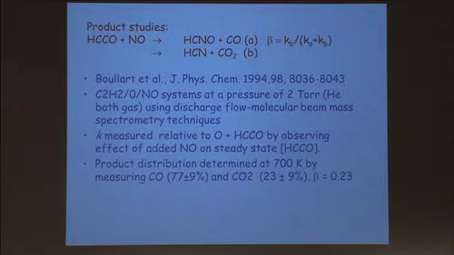What about the products? That was the overall rate coefficient. These are discharge flow measurements using molecular beam sampling, looking at the product distributions and measuring CO and CO2 and getting a yield beta, which is kb over ka plus kb, of 0.23. So beta is the fractional yield of CO2.